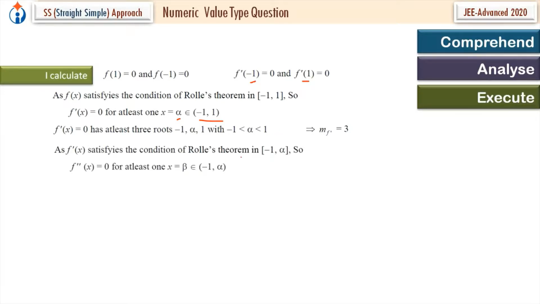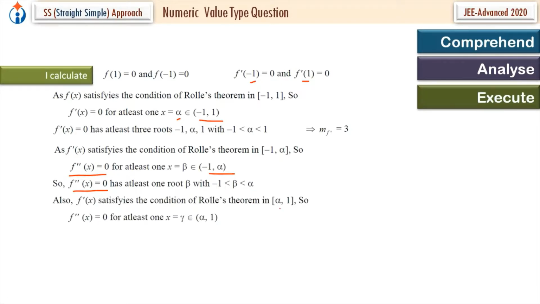Now as f'(x) satisfies the condition of Rolle's theorem from −1 to alpha, f'(−1) is 0, f'(alpha) is also equal to 0. So f''(x) is equal to 0 for at least one x equal to beta belonging to (−1, alpha).